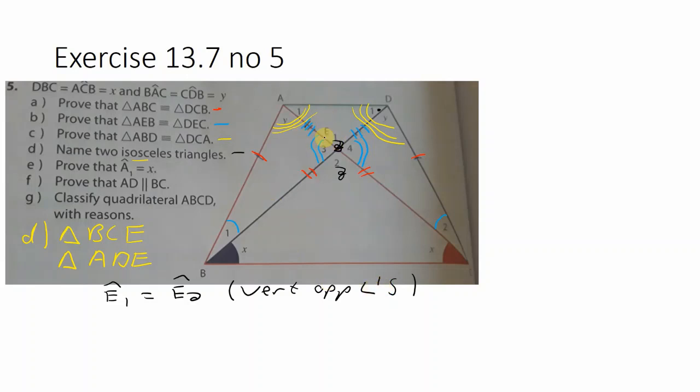We also know that both triangle AED and BCE are isosceles.